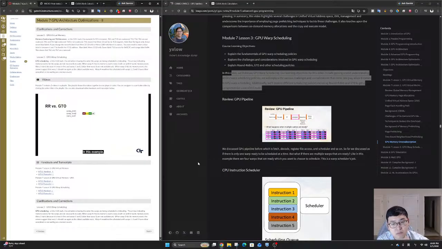In this example, there are 3 instructions, each represented by a different color for different warps. In round-robin, it selects one instruction from one warp in a round-robin fashion, like this. The third instruction, which is a memory instruction, generates a cache miss, and then it switches to another warp, and so forth.